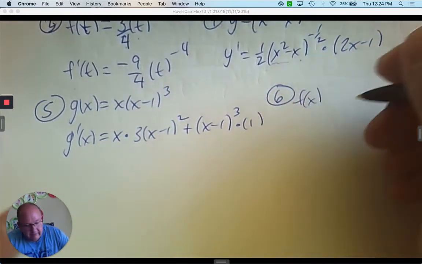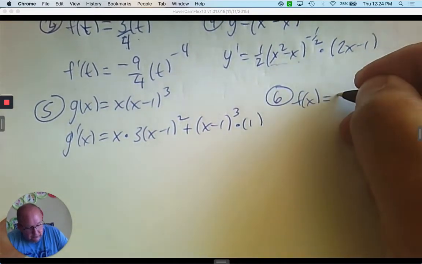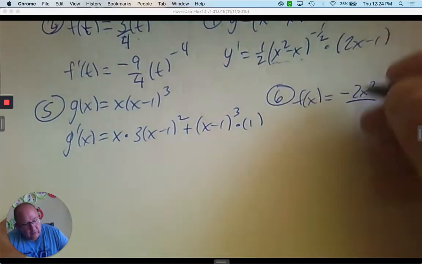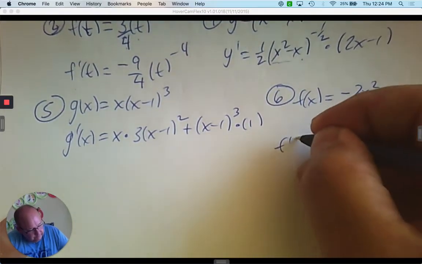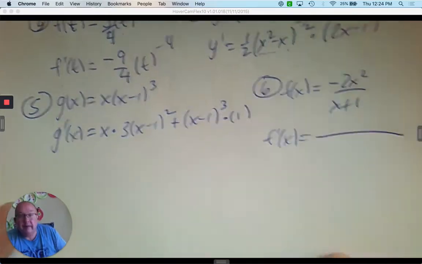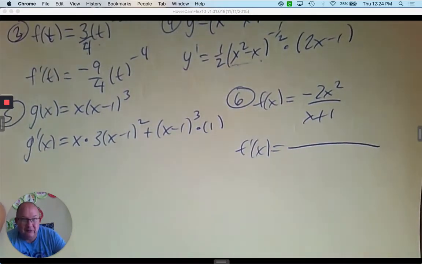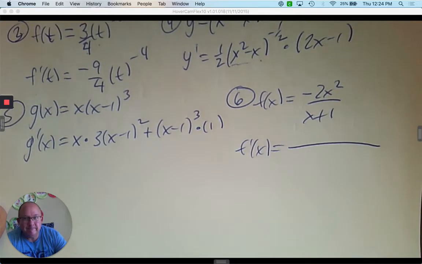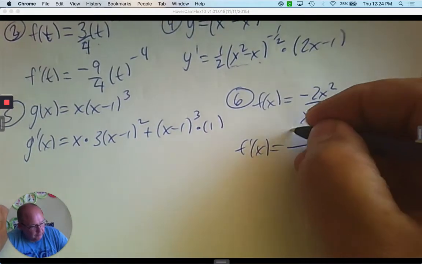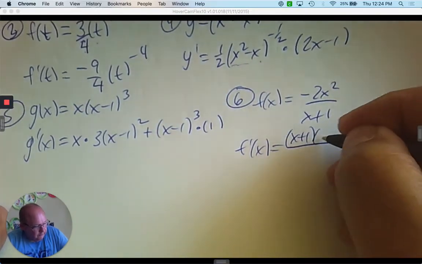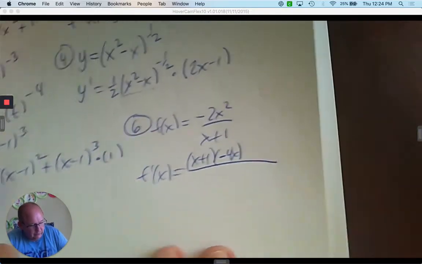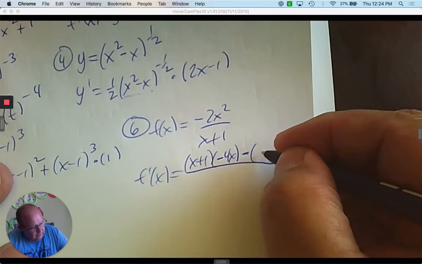Here's one where I'm just going to leave it the way it is and do the quotient rule. All right, press pause. Do you want to try to review? Do you remember the quotient rule? Try. All right, so the bottom times the derivative of the top, subtract the top.